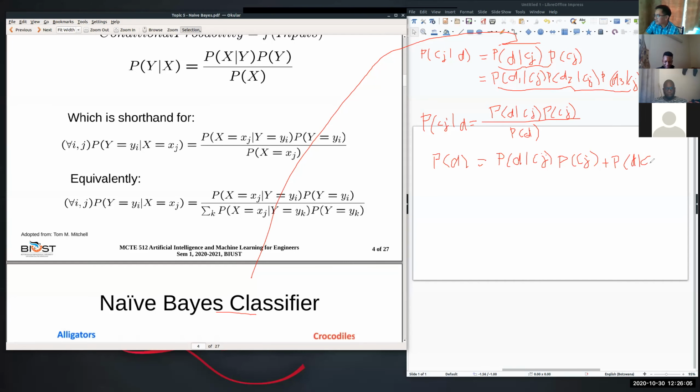For example, Ck is the one that is defaulting, times probability of Ck.